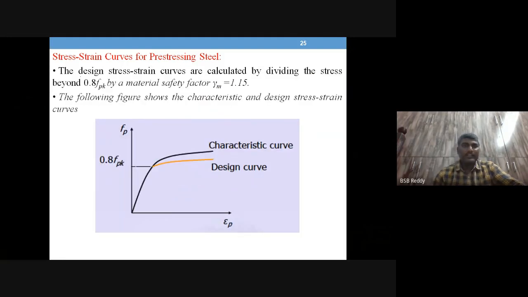Right. And the design stress strain curves are calculated by dividing the stress beyond 80% of the ultimate tensile strength by a material safety factor, just like your concrete. So material safety factor for steel is 1.15, whereas for concrete it is 1.5.